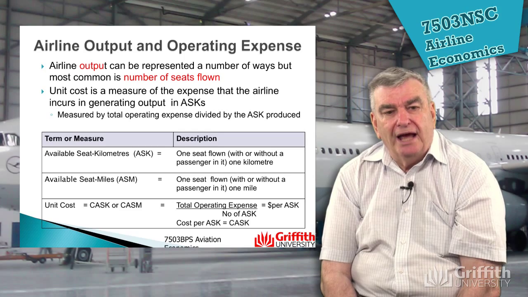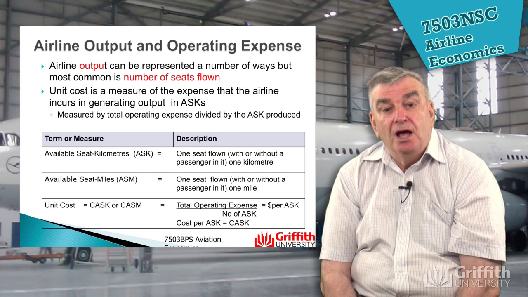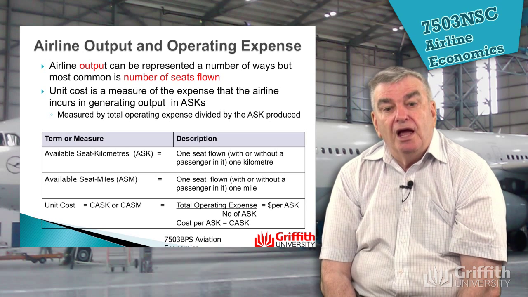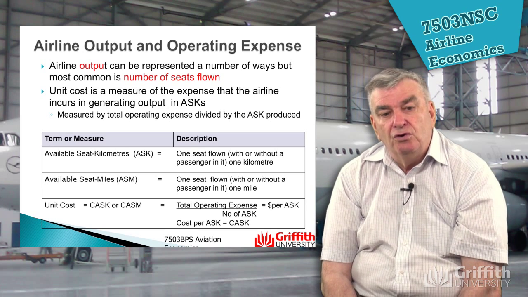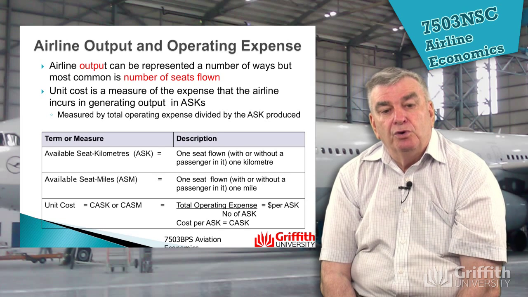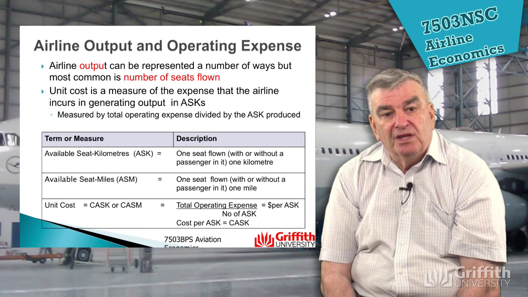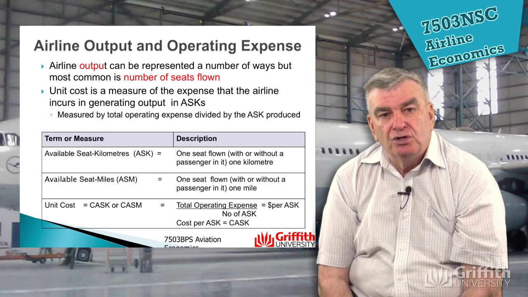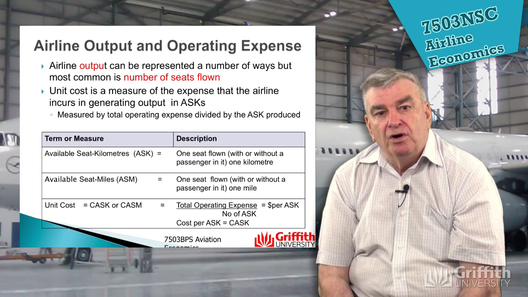We'll be taking a look at output done in available seat kilometres, that is, how many seats are you actually making available. And also we'll be taking a look at the unit cost, or the cost per air seat kilometre, or the cost per air seat mile, depending on which metric we're actually operating in.